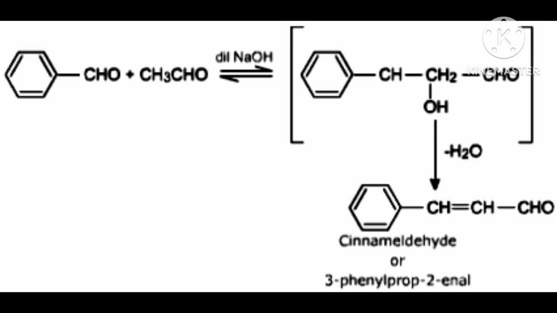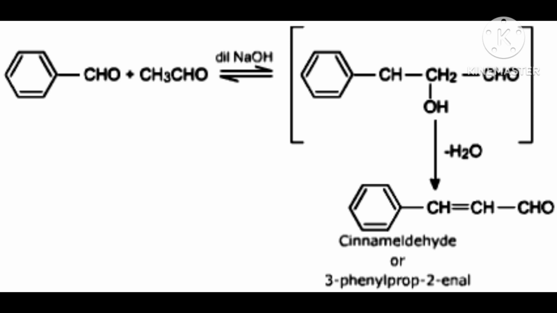After that CH2, then 6. Correct? After that CHO has 1 hydrogen and OH has 1 hydrogen, then total 8. Total 8 hydrogens were there in ethanal, and now we are getting total 8. And oxygen was 2; here CHO and OH, we are getting 2 oxygens.